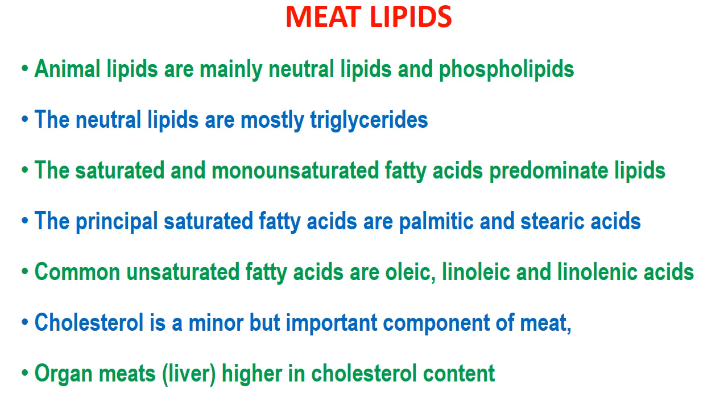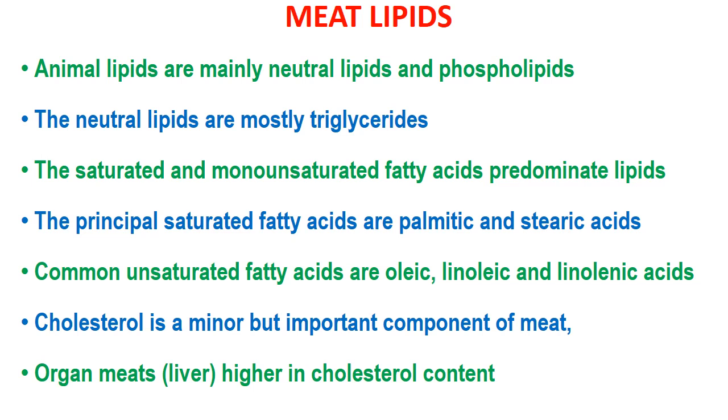Now the fatty acids forming the triglyceride in meat lipid are mostly saturated and monounsaturated. The main saturated fatty acids in meat are palmitic and stearic acid. These are the most common fatty acids present in meat. And among the unsaturated fatty acids, the most common are oleic, linoleic and linolenic. They differ in their number of carbon atoms and number of double bonds.